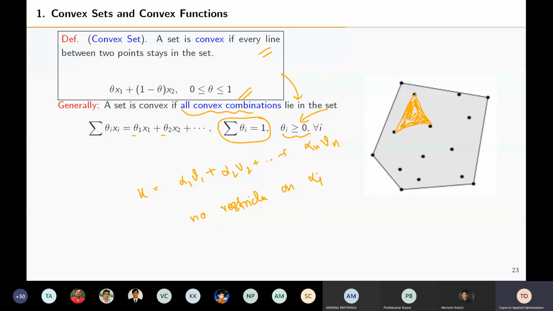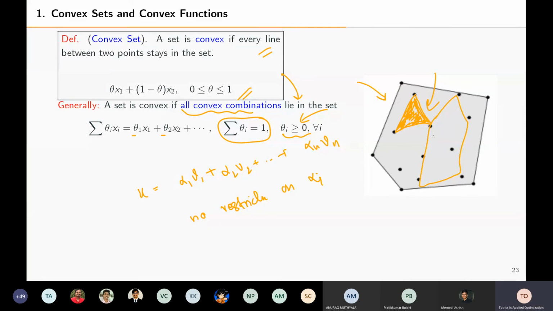So what this second definition is saying is, you take any number of points in the set, and if you take a convex combination, then all the points that you generate after doing convex combination should also lie in the set, which in this case is true. So you can take any number of points, like this, like this, like this.